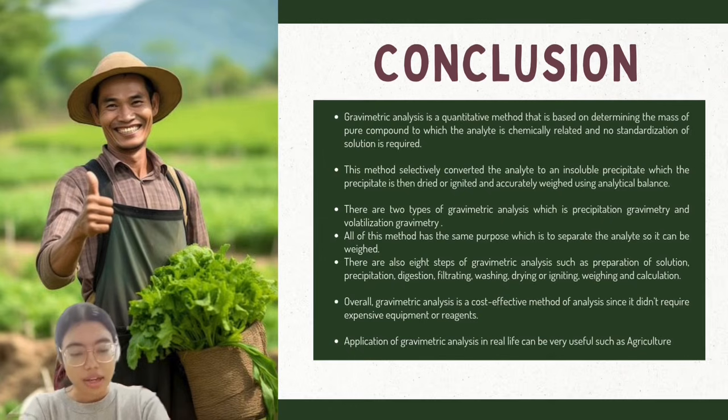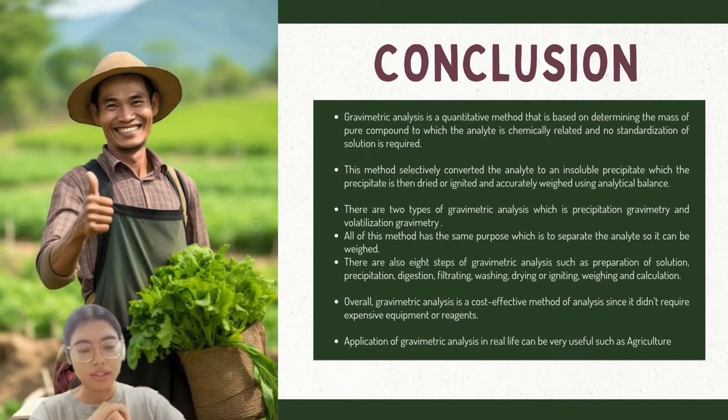Right, conclusion. Gravimetric analysis is a quantitative method that is based on determining the mass of a compound to which the analyte is chemically related, and no standardization of solution is required. This method selectively converts the analyte to an insoluble precipitate, which is then dried or ignited and accurately weighed using an analytical balance. There are two types of gravimetric analysis: precipitation gravimetry and volatilization gravimetry.